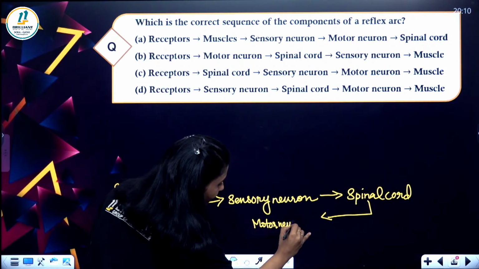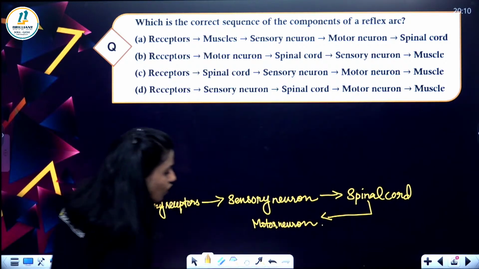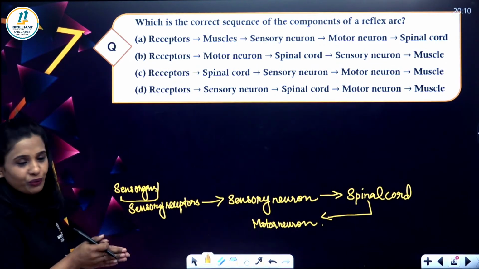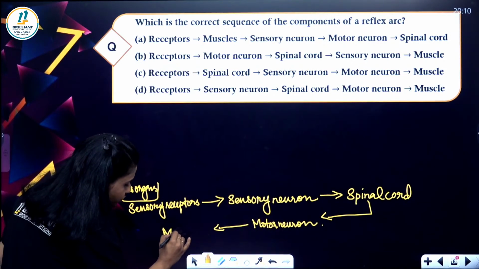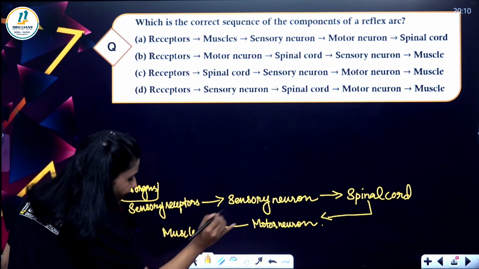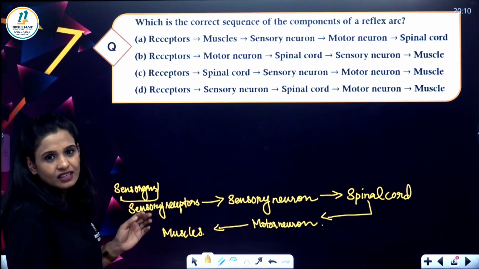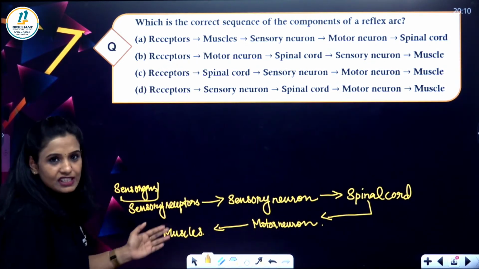So which neuron carries the impulses from spinal cord? By motor neuron. And motor neuron carries the messages to muscles, or effector organs.